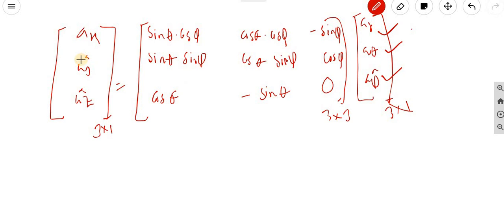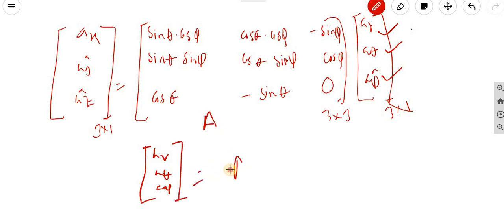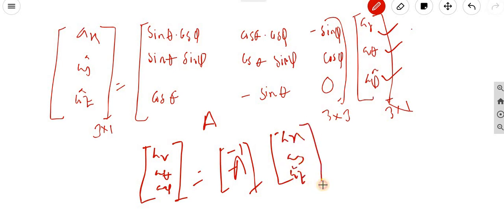Now this is nothing but the relationship between them, and in the same way you can get the AR, A theta, and A phi. How can we get it? This is A inverse, this is AX, AY, AZ.